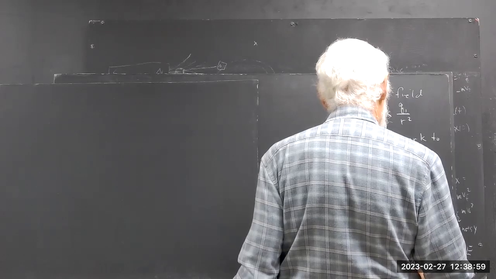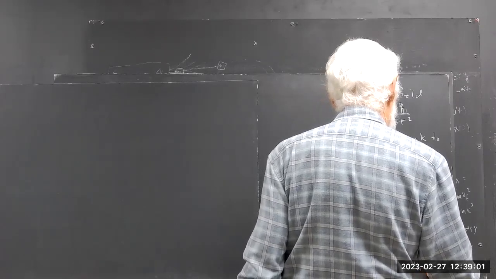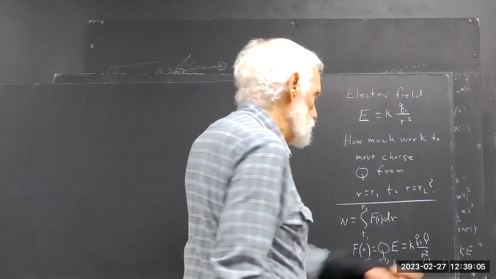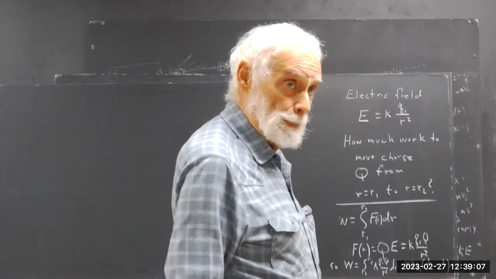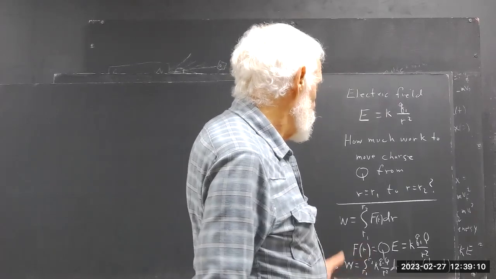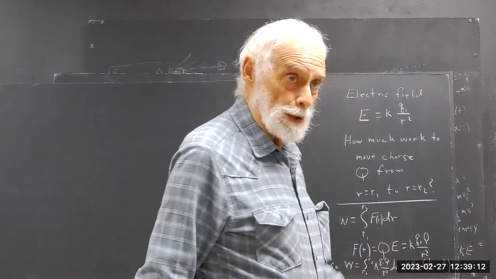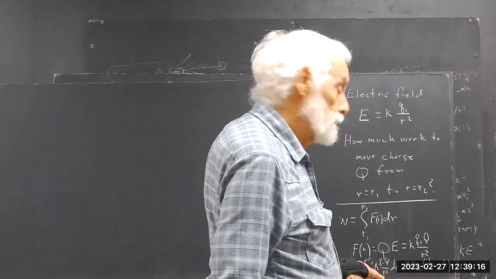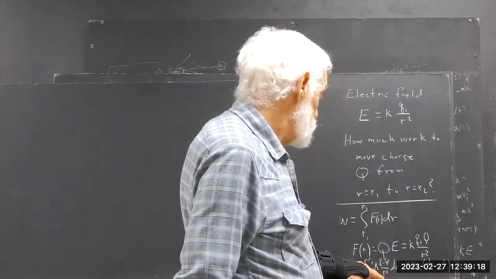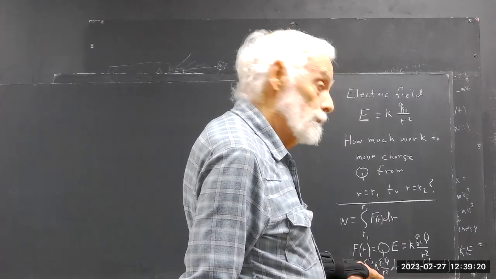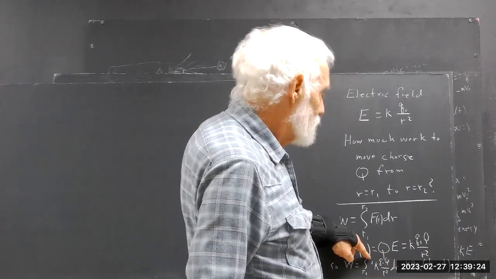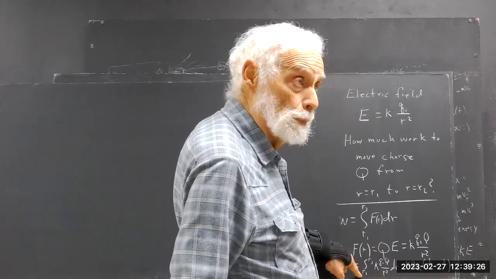I'll write the capital letter in front. And then it's going to be 1 over something minus 1 over something. You want to be careful to get R1 and R2 in the right position. It's going to be negative 1 over R. So 1 over R would be 1 over R2 minus 1 over R1.